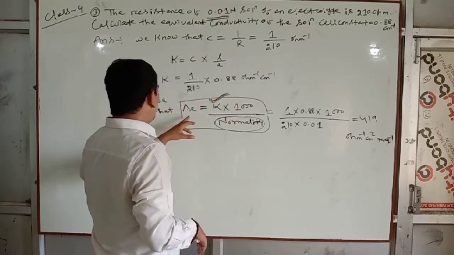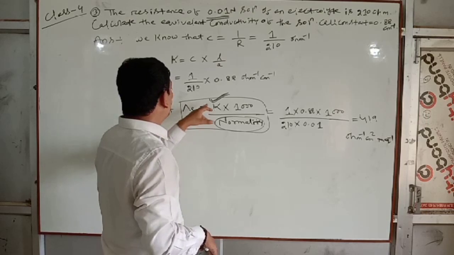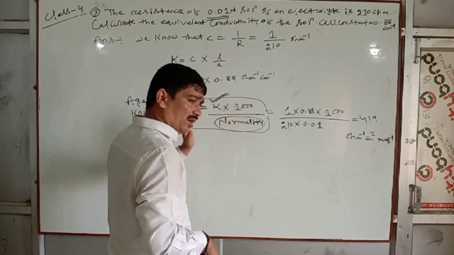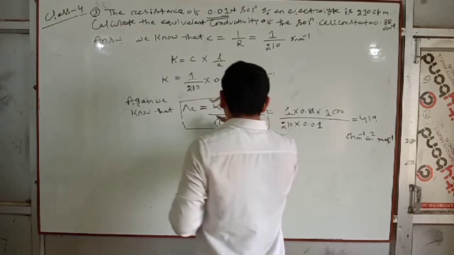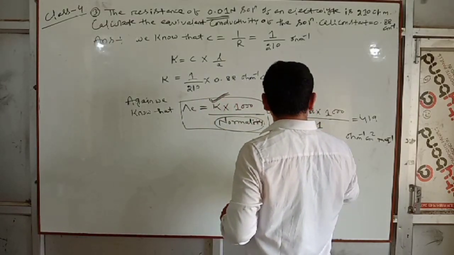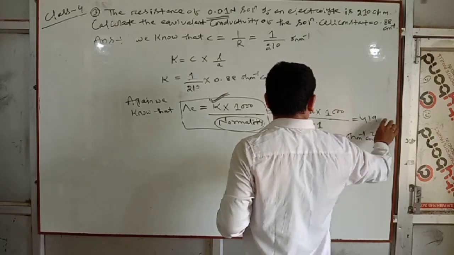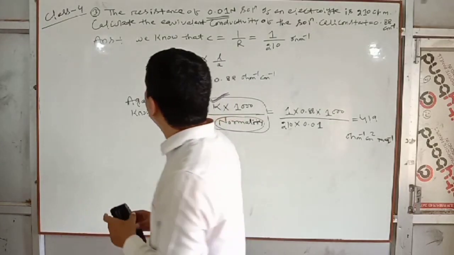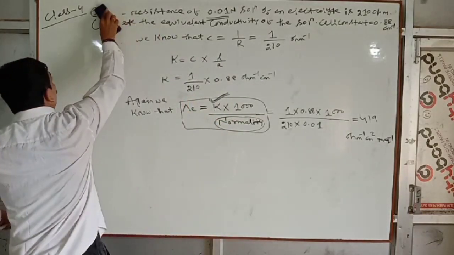Then again we know that equivalent conductance equal to kappa into 1000 by normality. So kappa into 1000 by normality 0.01 gives 419 ohm inverse centimeter square gram equivalent inverse. Clear? Next, problem number 4.